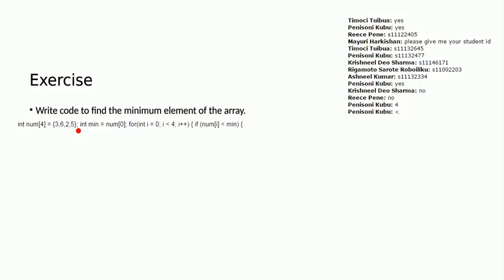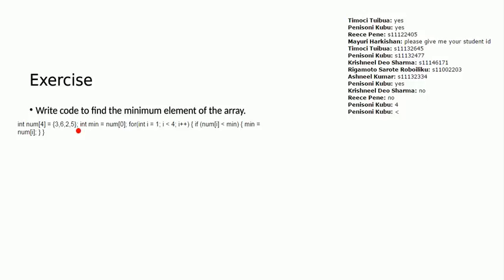Then min is equal to num I. Here you go. Once again, since we have already initialized the first one to index 0, we probably don't need to compare it, right? So we can start with 1, but it doesn't matter. We can start with 1.